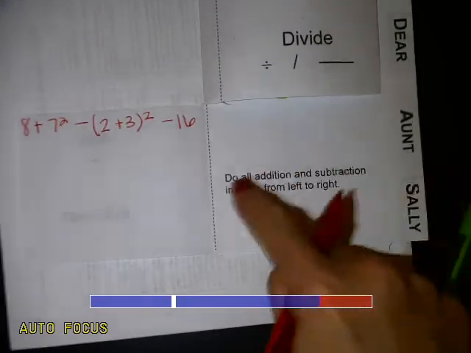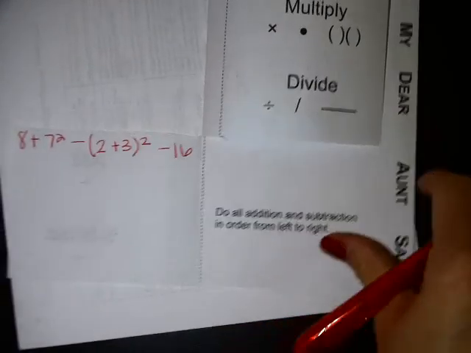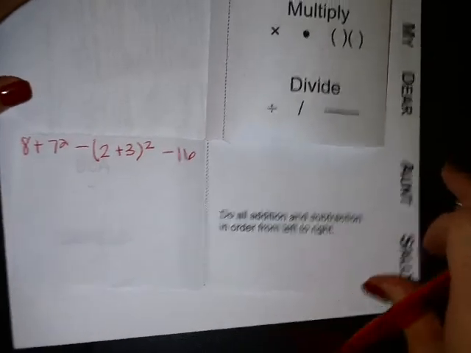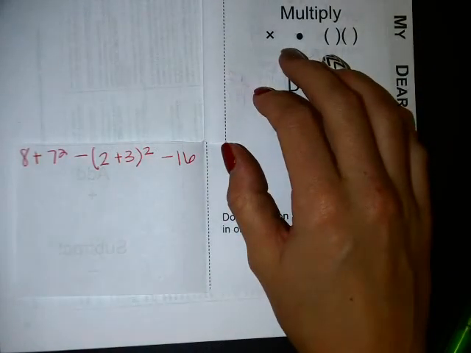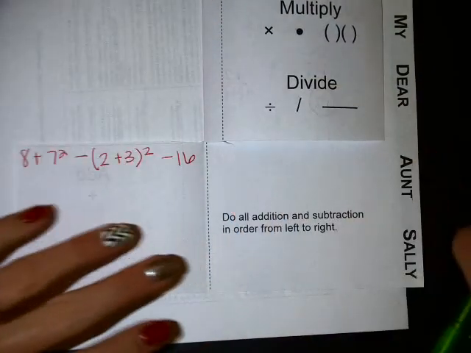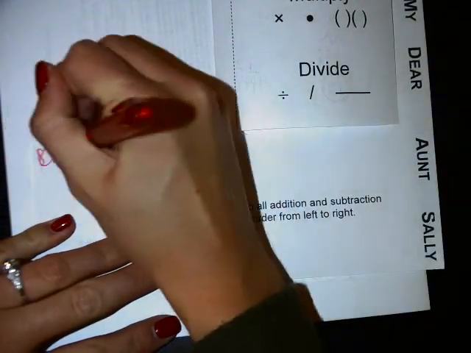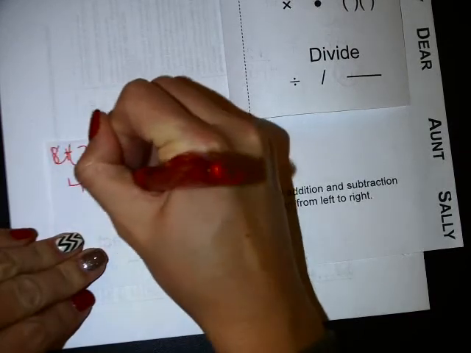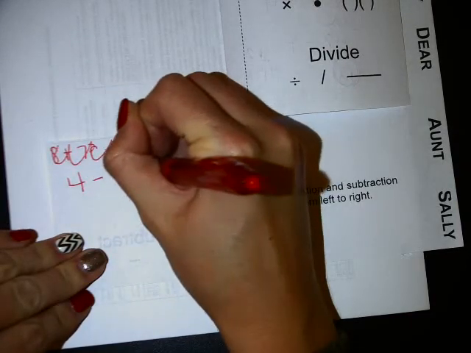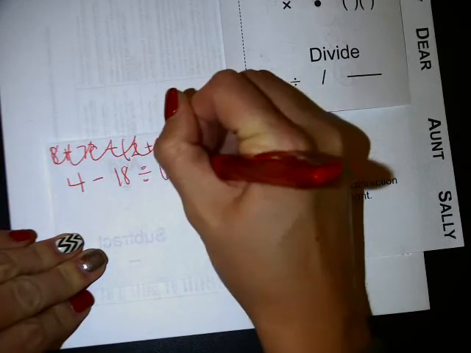Okay, so do all addition and subtraction in order from left to right. And again, these just go as they come. But we still follow our... Did I already do this one up here? Oh my goodness, I did. Okay, so scratch that. And we will do 4 minus 18 divided by 6 plus 1.